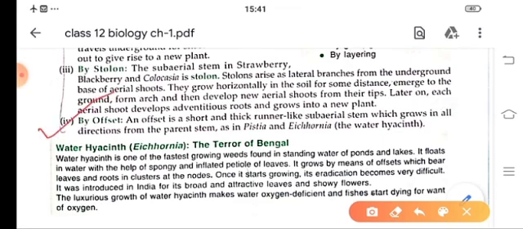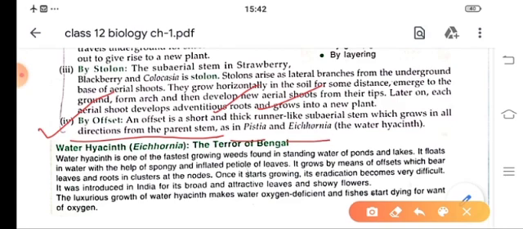Number 4 is offset. Now offset is a short and thick runner-like subaerial stem which grows in all directions from the parent stem, like in Pistia and Eichhornia, the water hyacinth. Now what is the water hyacinth, children?